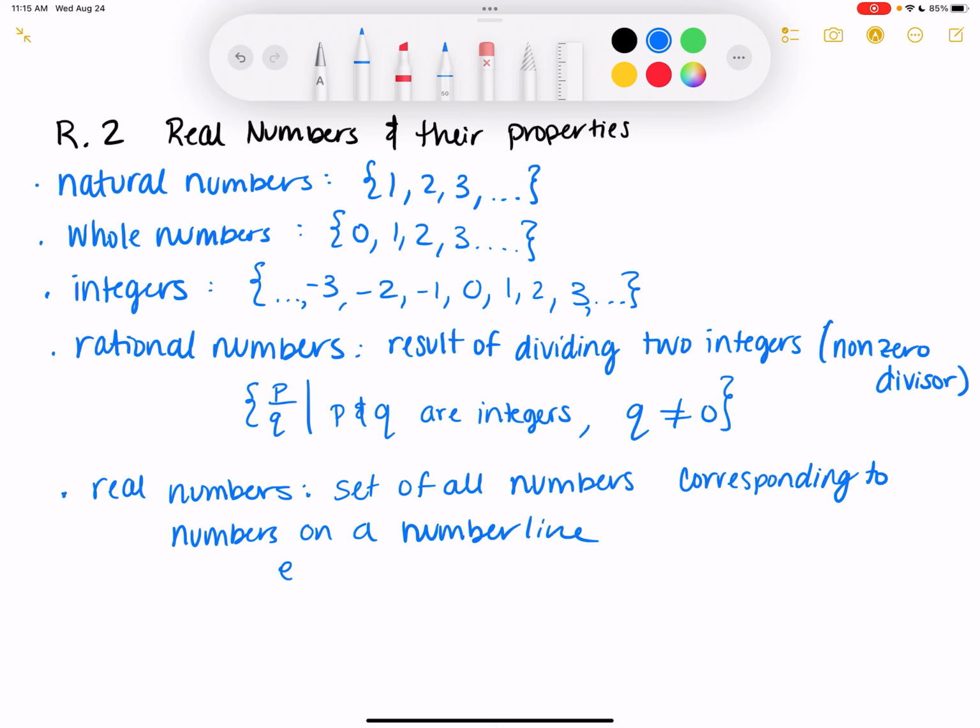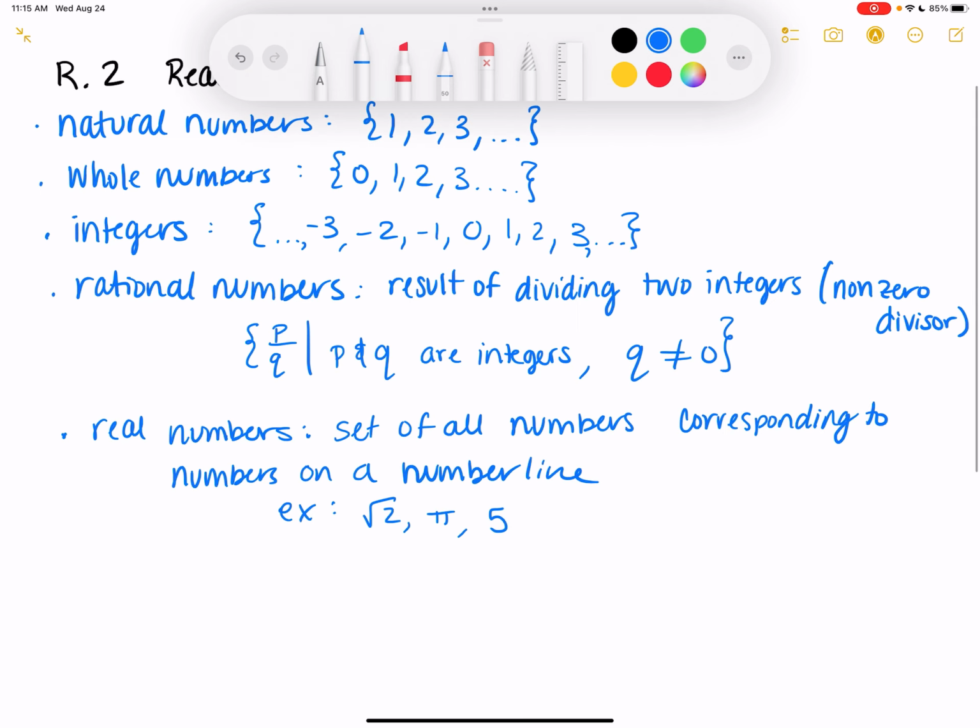So for example, the square root of 2, pi, 5, all of those are numbers. So this is the set of x such that x corresponds to a point on a number line.